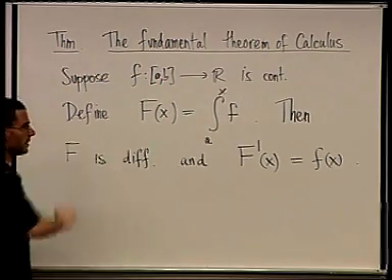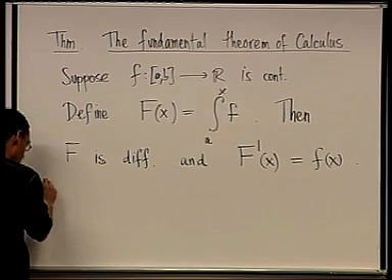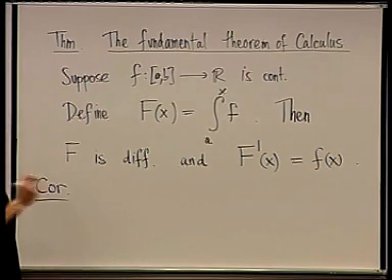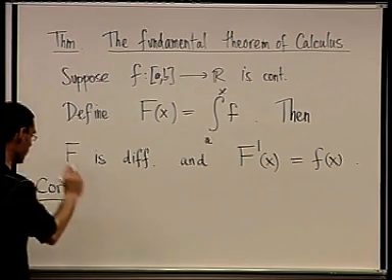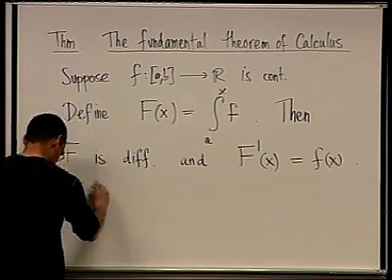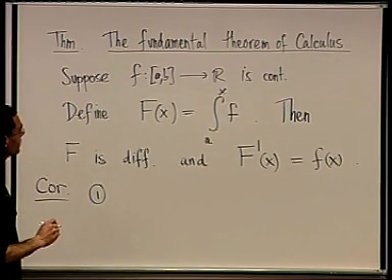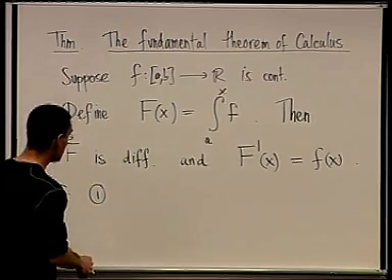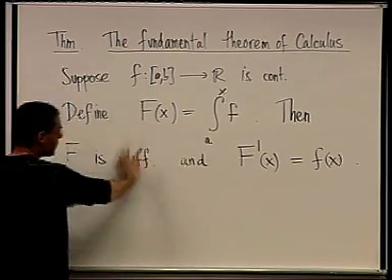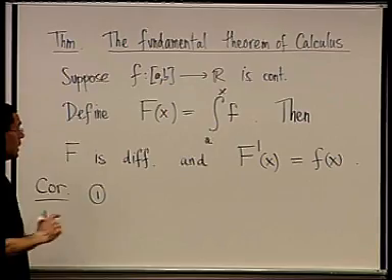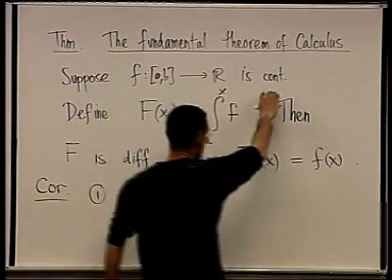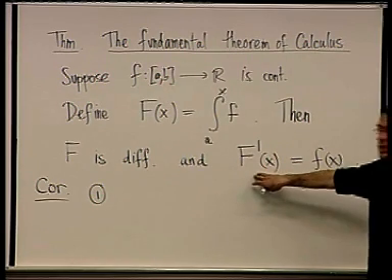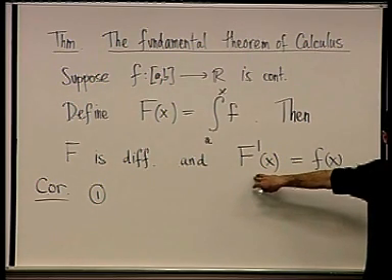Okay, fundamental theorem of calculus. Corollaries. Things we can deduce from this theorem. Corollary number 1. Forget all the intermediate stuff here. You took a continuous function, you concluded that it has an antiderivative. Do you see that?